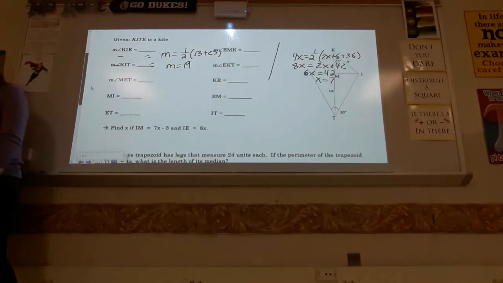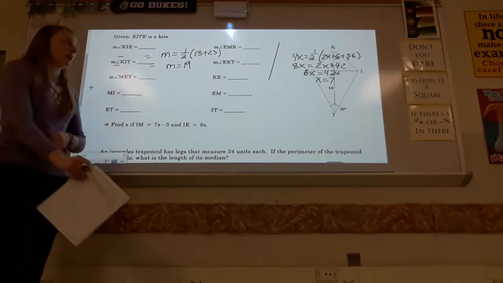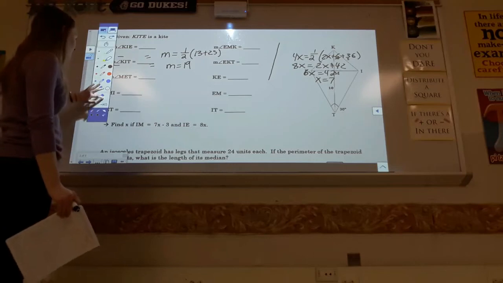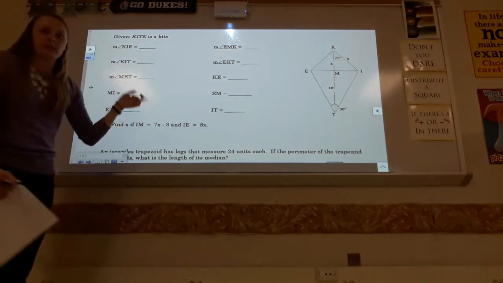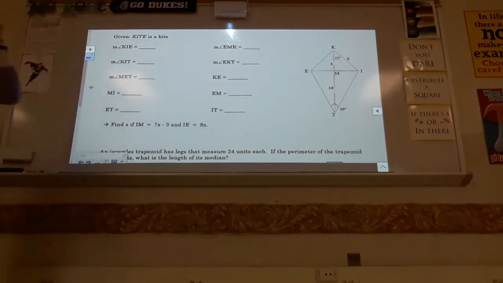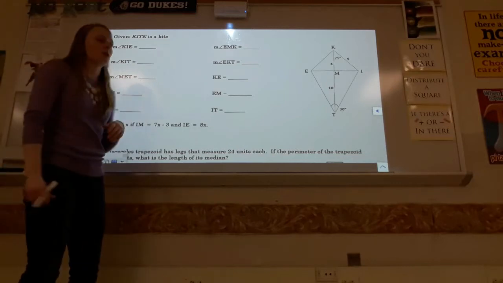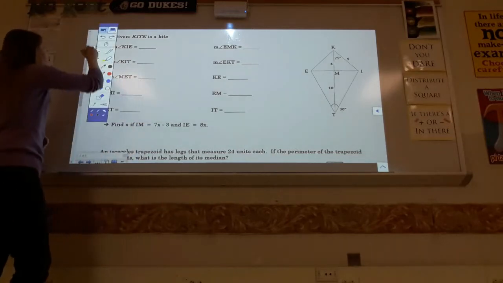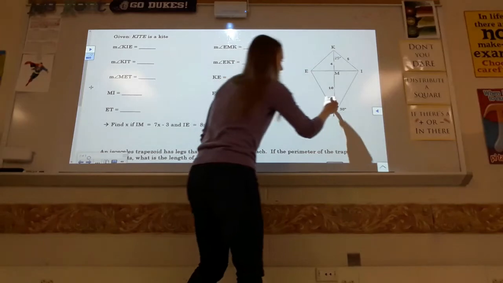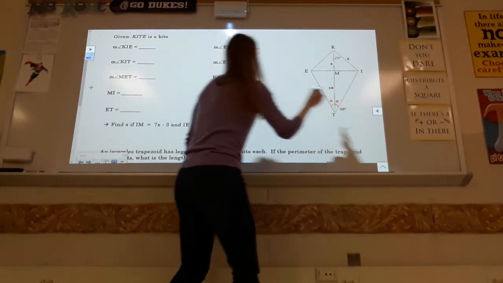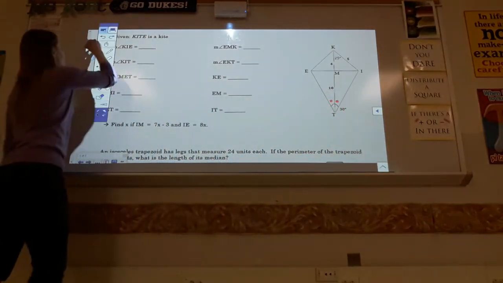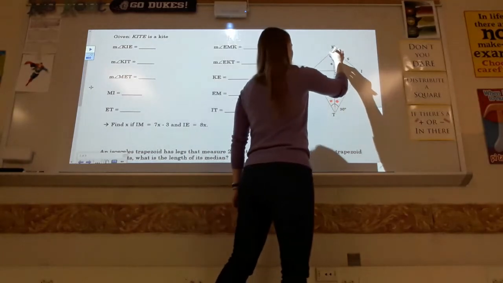All right, now we're going to see a kite. Remember, when you see a kite question, I strongly recommend that you go straight for that color coding, like I was showing you with the angles, because it'll make accessing the information a lot easier. I'm going to do that really quickly.